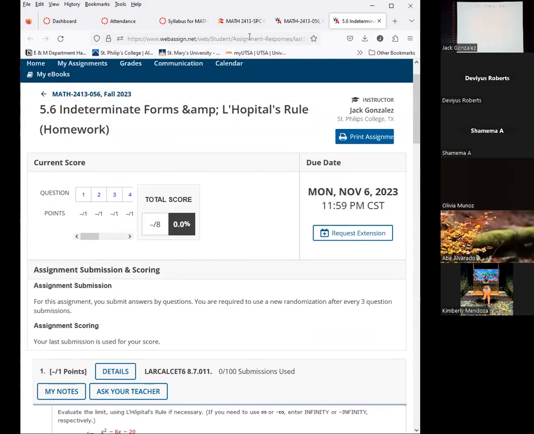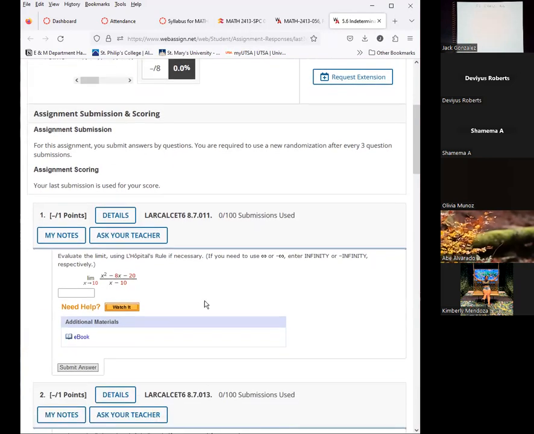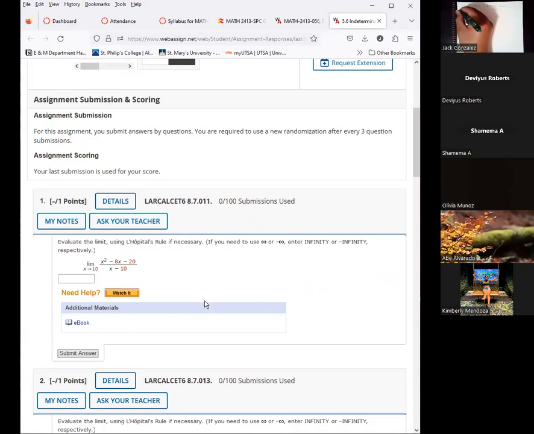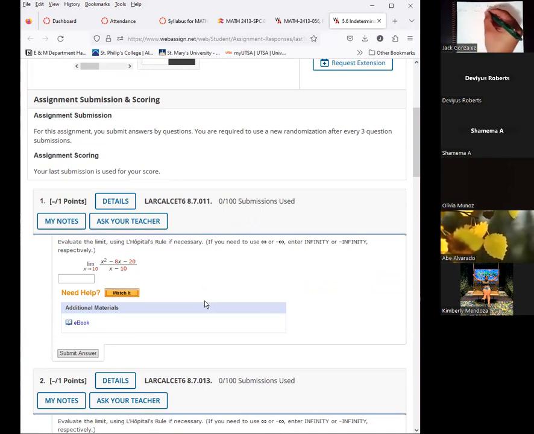Number one: use L'Hopital to find the limit. For this one, the limit as x approaches 10 of x squared minus 8x minus 20 over x minus 10.